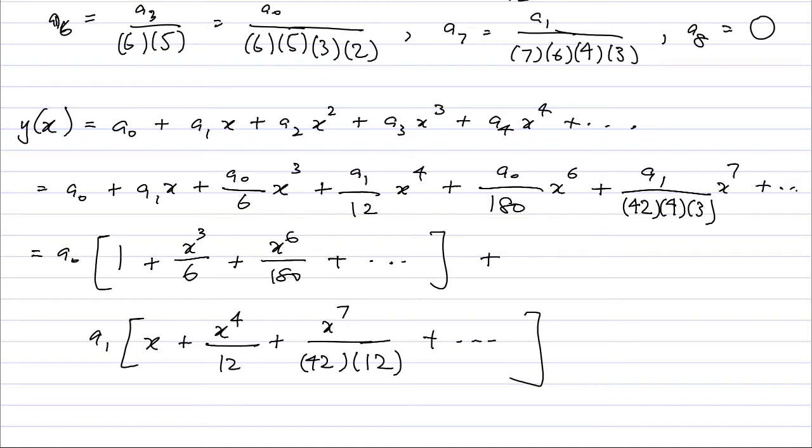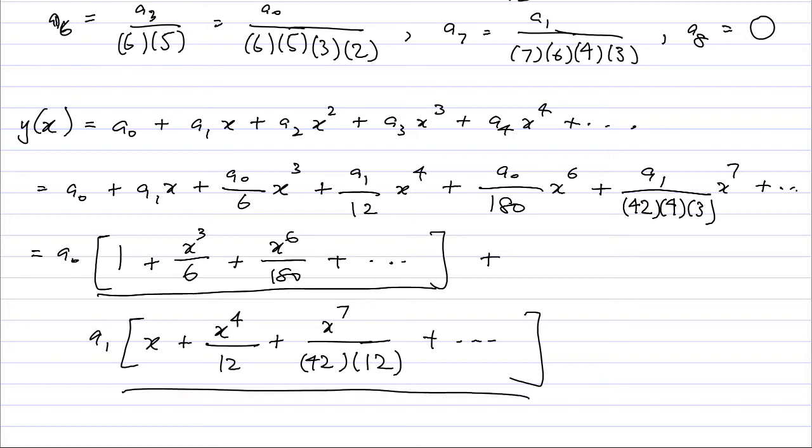As claimed earlier, since we are expanding about an ordinary point, your solution is the sum of two power series, this one and that one, and these are linearly independent, as you can check.